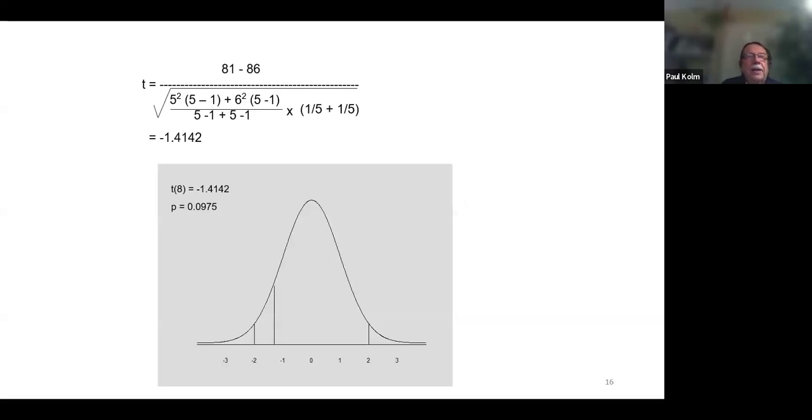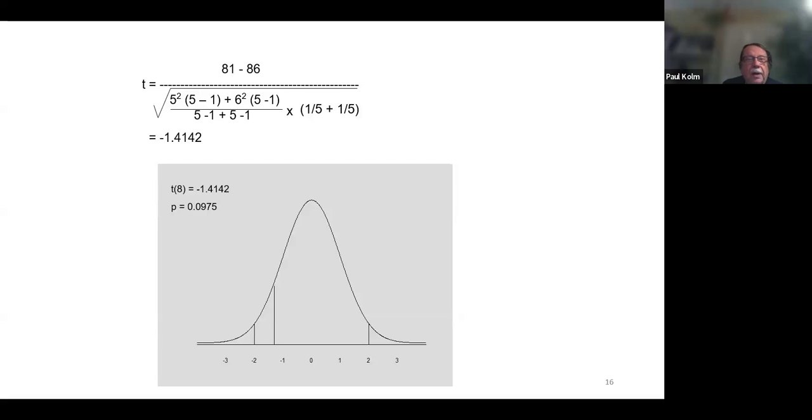So when we calculate a t-test, this is basically the numbers here that I have in my example, the difference in means divided by the standard error of the difference in means. And so we come out with a t-value of minus 1.4. And then in the t-distribution with 8 degrees of freedom, the p-value for that is 0.09.